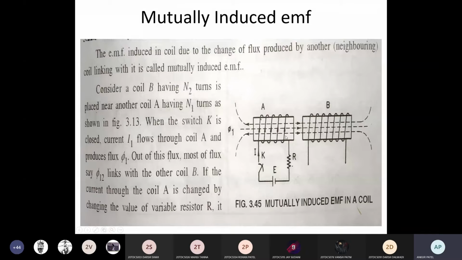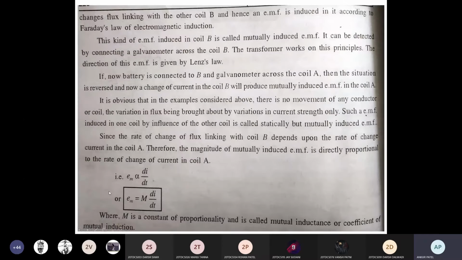Mutually induced EMF: we have two coils, A and B. When we give battery supply to coil A, we have current, due to which a magnetic field is generated. That links with coil B. Due to Faraday's law of mutual induction, we have E equal to M di by dt, but we consider E equal to minus M di by dt according to Lenz's law.